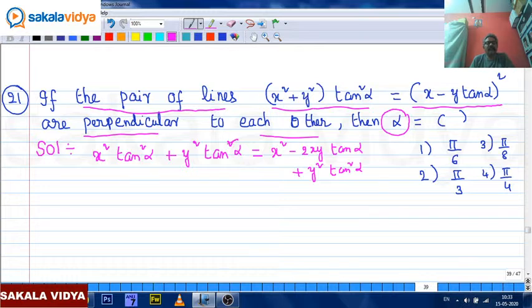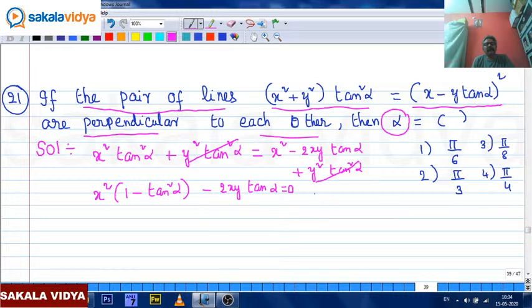Okay, y² tan² alpha gets cancelled. If you bring x² tan² alpha to that side, you get x² − x² tan² alpha, common: x²(1 − tan² alpha) − 2xy tan alpha = 0.